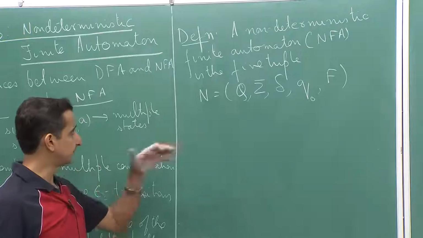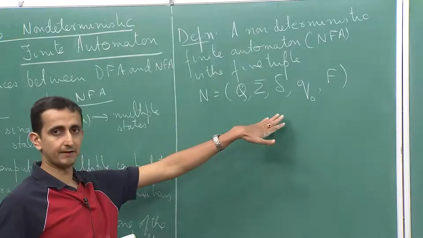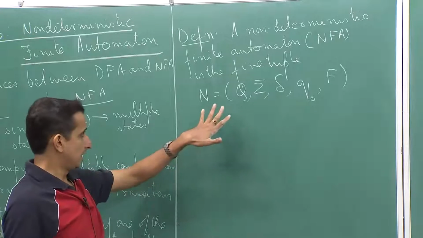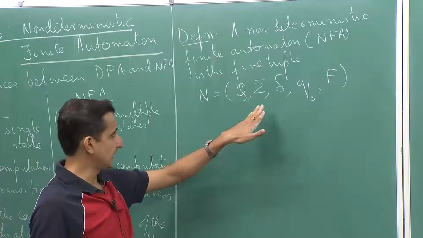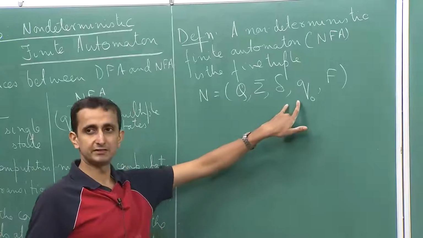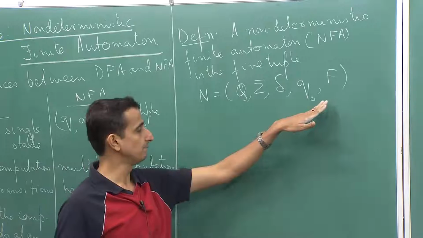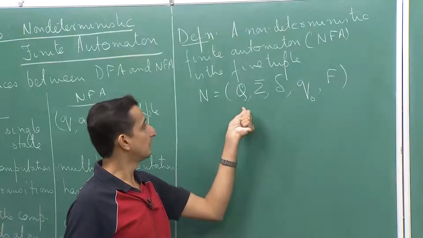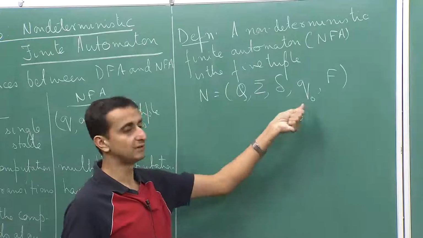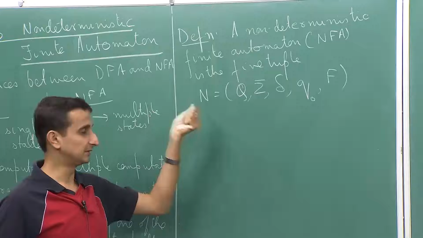Once again we have a 5 tuple, and except for the transition function, which is slightly different in the case of an NFA, the other symbols denote the same thing.